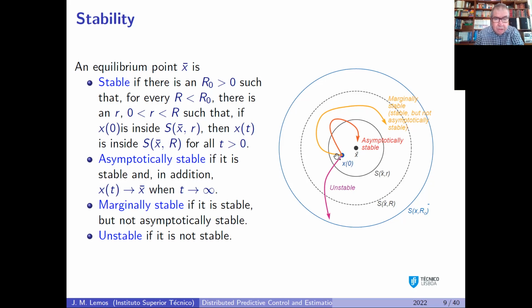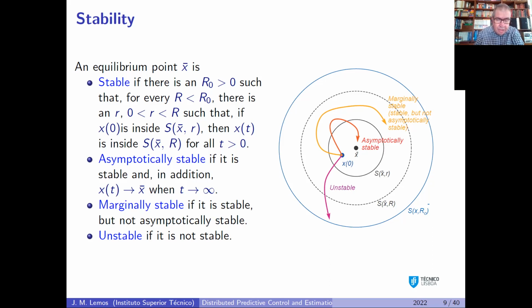Okay, that corresponds to this orange trajectory. Of course, this will be discrete because we are having dots, but I just represented the sequence of states by a continuous trajectory.